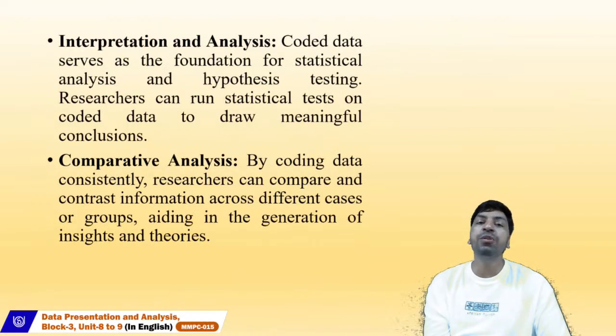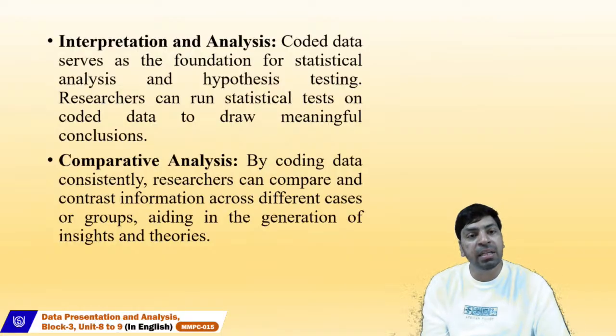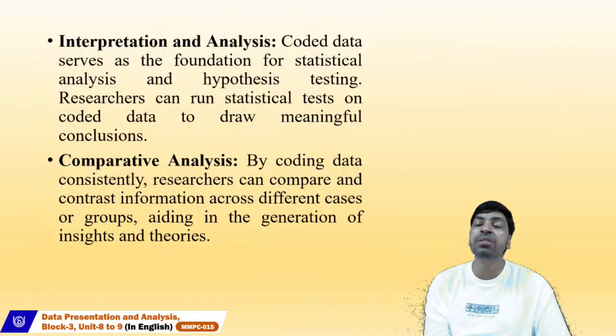Next is interpretation and analysis. Coding data serves as a route for statistical analysis or hypothesis testing. Through the coded data, researchers can easily run statistical tests so that they can come out with some meaningful conclusions. Next is comparative analysis.